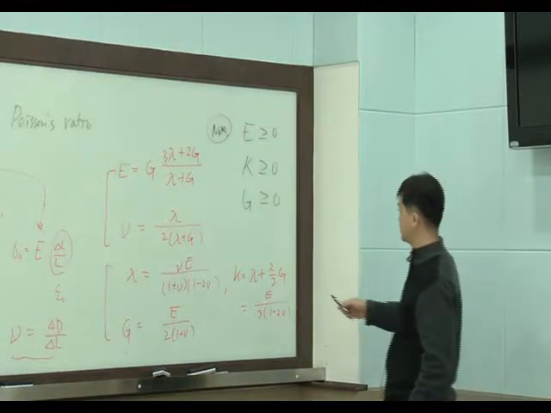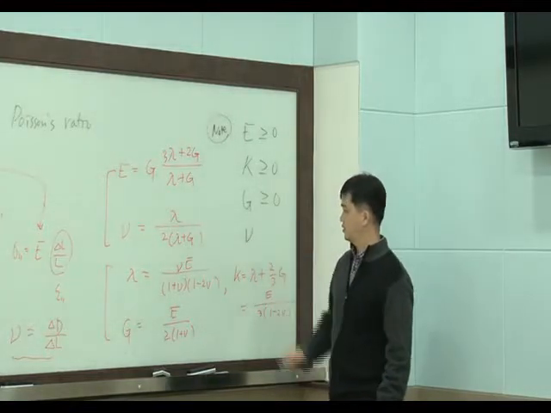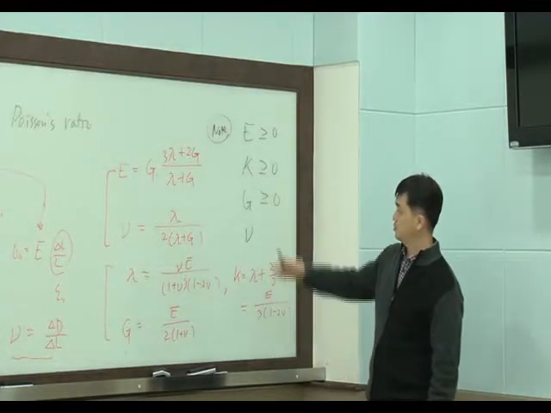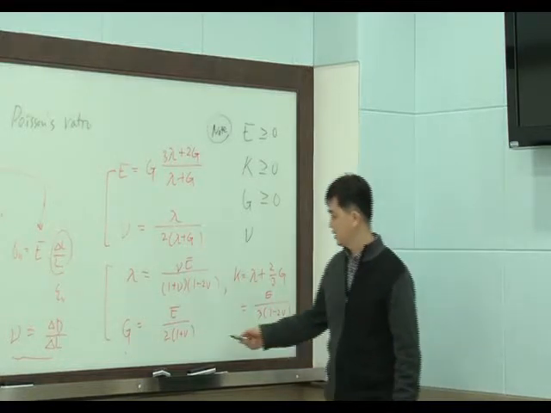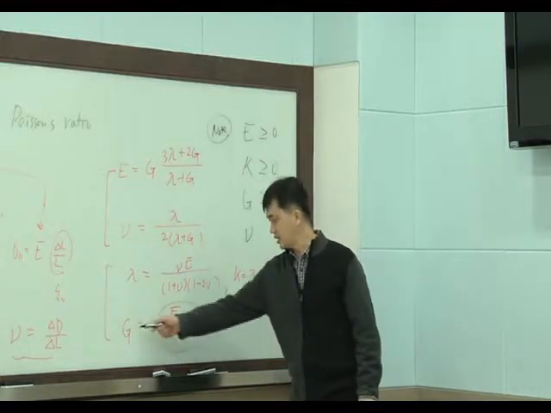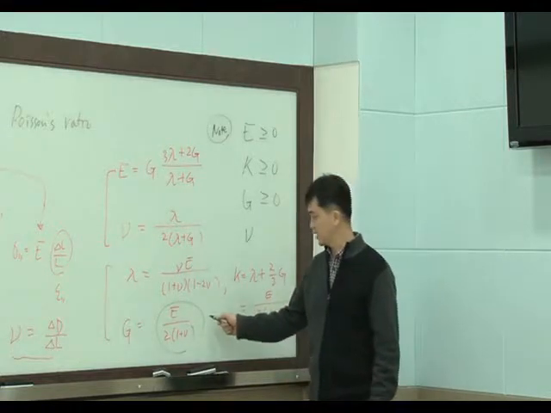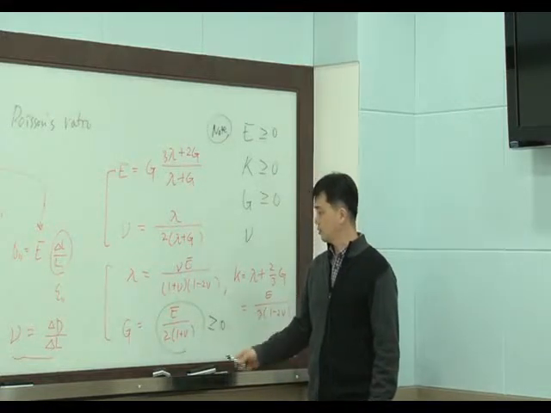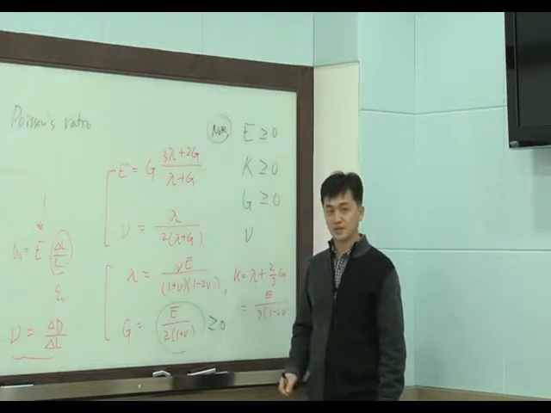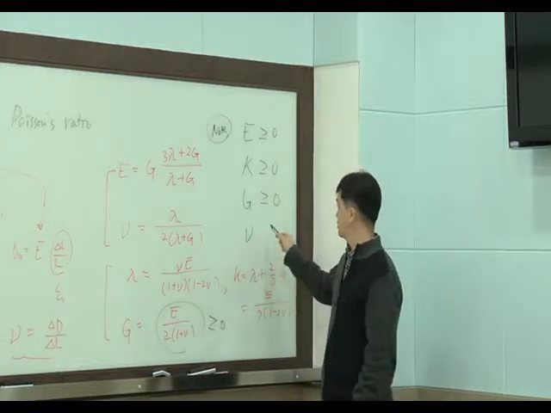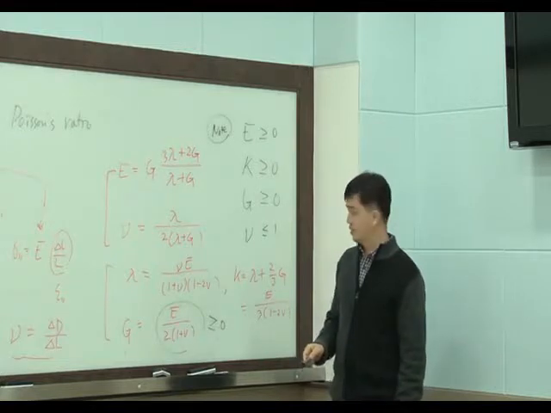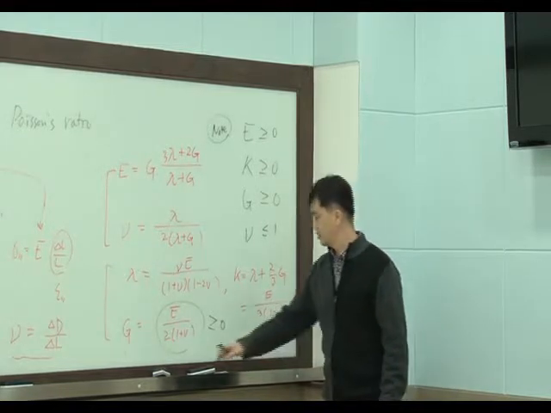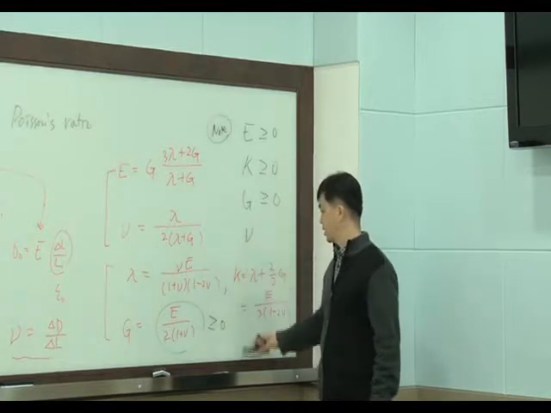And how about the Poisson ratio? From this relation, you can find the Poisson ratio. Let's look at this. G should be bigger than 0. Then what's the condition for Poisson ratio? Poisson ratio should be smaller than 1, right? No. Bigger than -1, right?